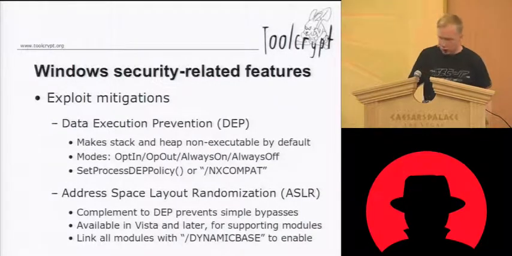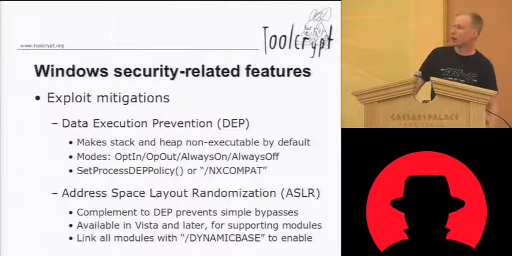Two other features that you've probably heard of already, but worth mentioning because you need to be aware of them as an application developer, are DEP and ASLR. Now, data execution prevention is basically making use of the page permissions that we talked about earlier to make sure that, for example, the pages containing the stack cannot be executed.